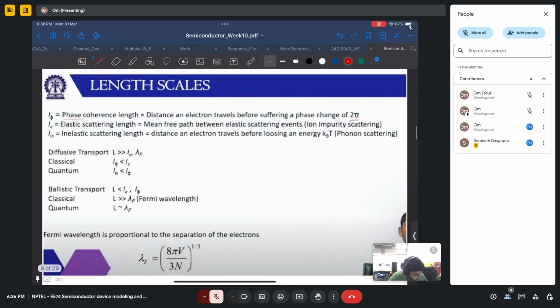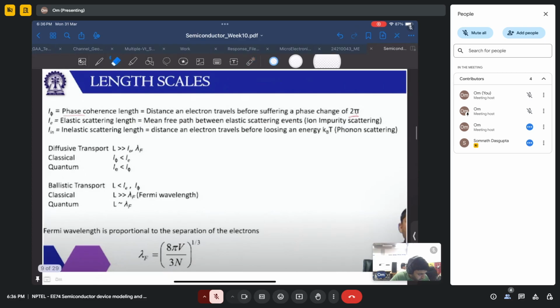Phase coherence length is the distance an electron travels before suffering a phase change of 2 pi. Elastic scattering length is the mean free path between elastic scattering events, that is, ion impurity scattering or something like that, where electrons collide with something which is stationary.